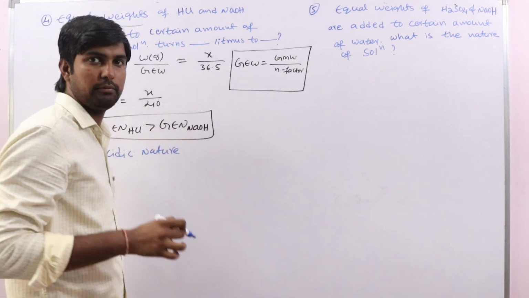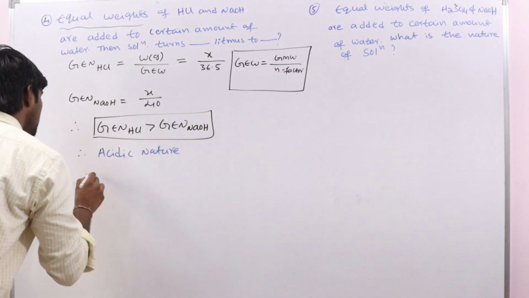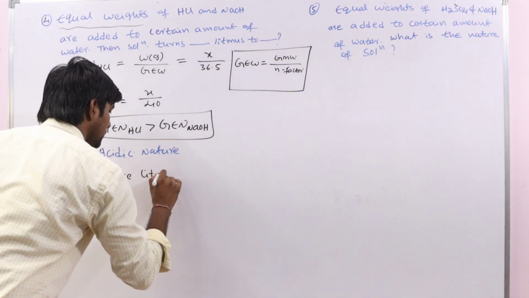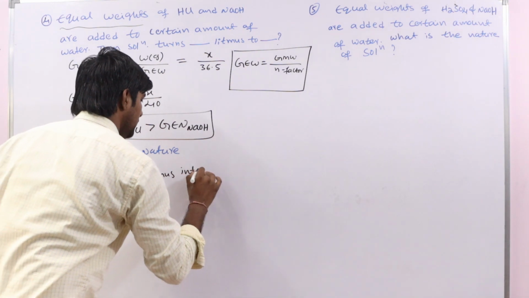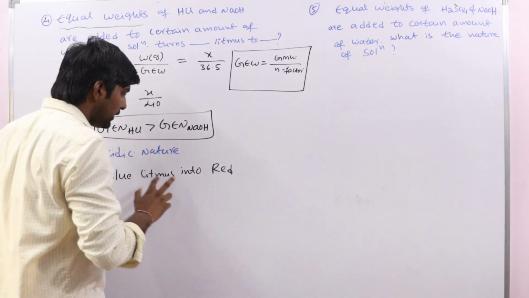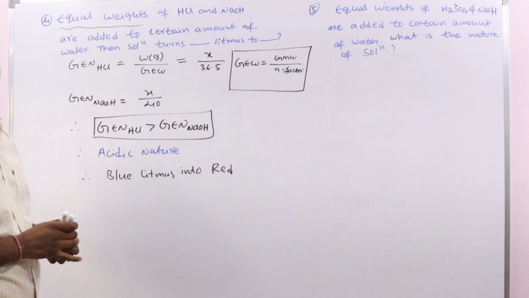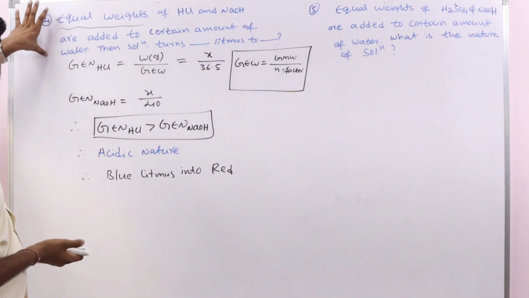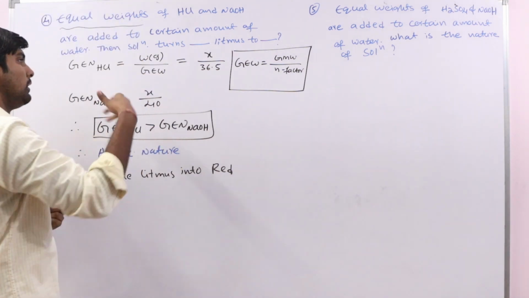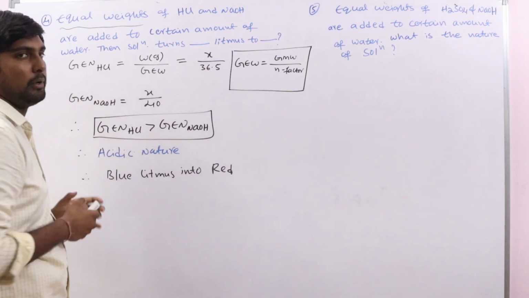What is the nature of this resulting solution? Acidic nature. So it will turn blue litmus into red. Yes or no? An acidic solution turns blue litmus into red. Very simple; in 2 or 3 steps we get the answer. In this type of problem, whether equal or different weights are given, we simply find the number of equivalents separately.